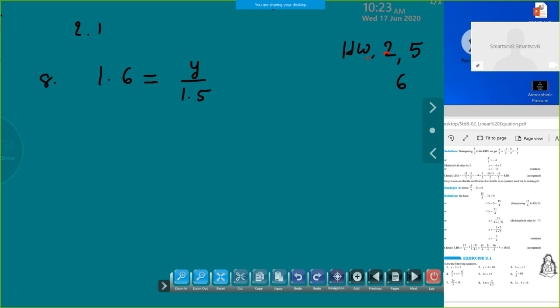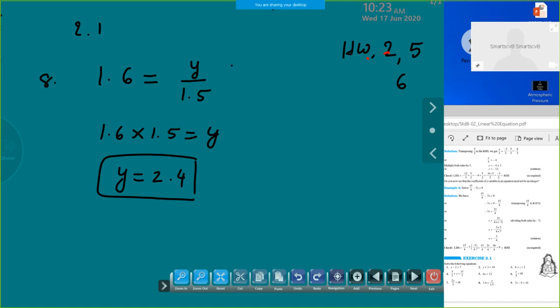So as I said in the beginning, when it is divided and you are bringing the number to the other side, it becomes multiplication. So 1.6 into 1.5, the y values. Therefore, the solution is 1.6 into 1.5 is 2.4. Yes. So 1.6 into 1.5 is 2.4. Your solution is, y value is 2.4.